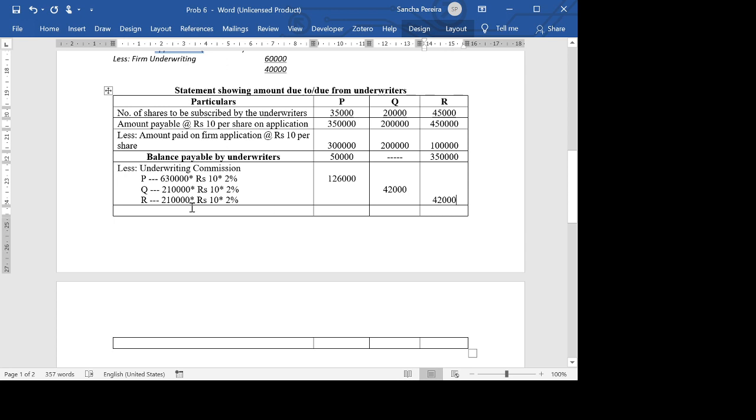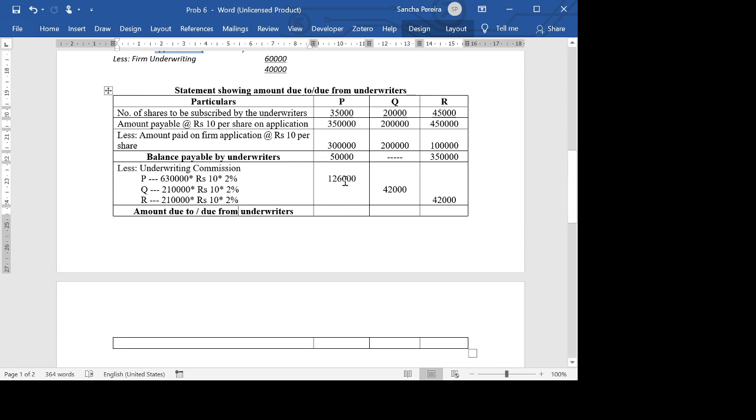Finally, we call this amount due to or due from underwriters. Now, this was the balance payable by underwriters.